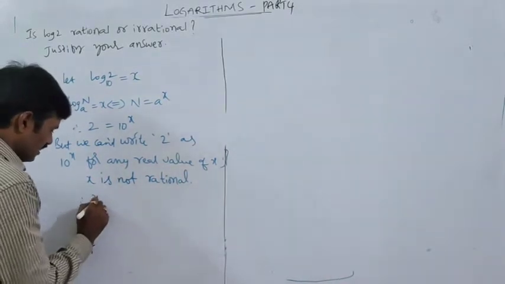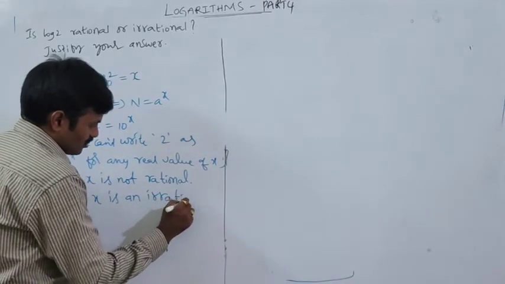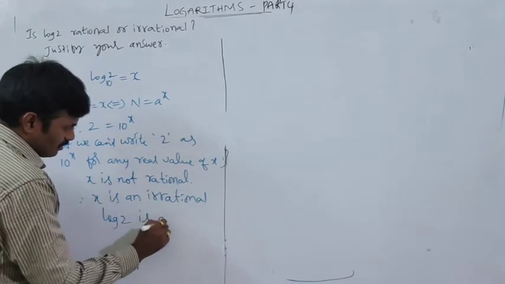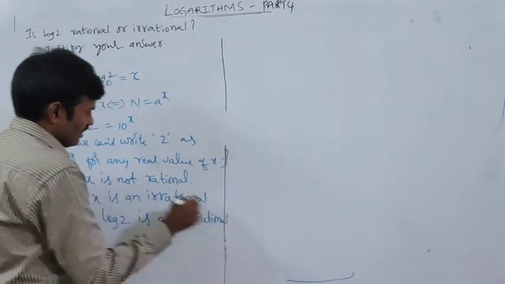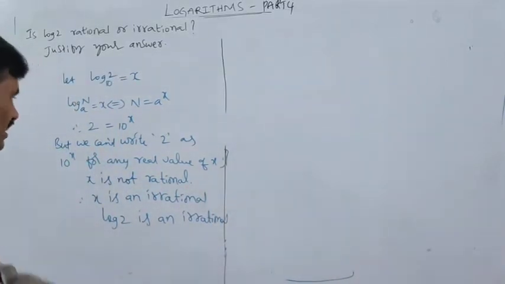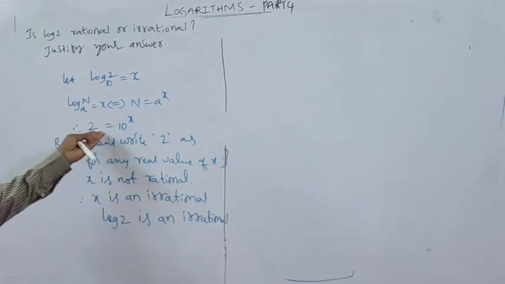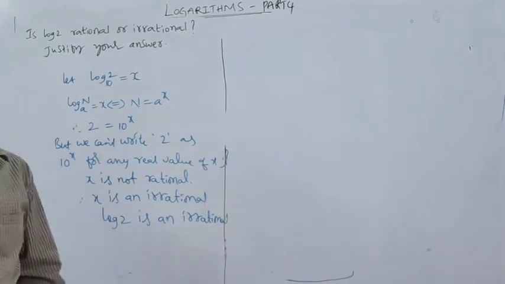Therefore x is irrational. That means log 2 is an irrational number. If it were rational, we could write it and get the x value, but here we are not getting the x value. We are unable to express 2 as 10 to the power of x. Is it clear? So log 2 is irrational.